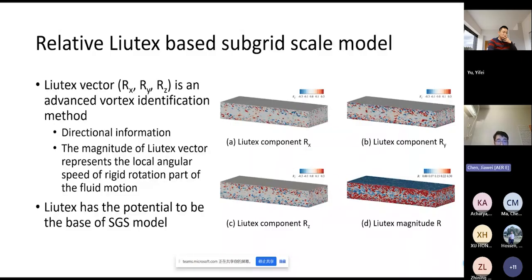And this makes it an ideal basis for a subgrid model because it captures the essential physics of turbulent eddies that need to be modeled.